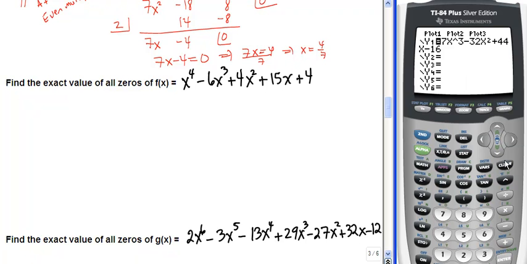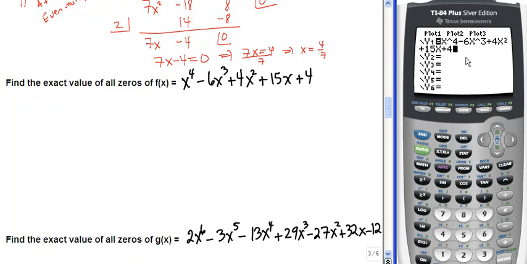So let's go to our y equals, clear this out, and we're going to type in x to the 4th minus 6x to the 3rd plus 4x squared plus 15x, and then a plus 4.